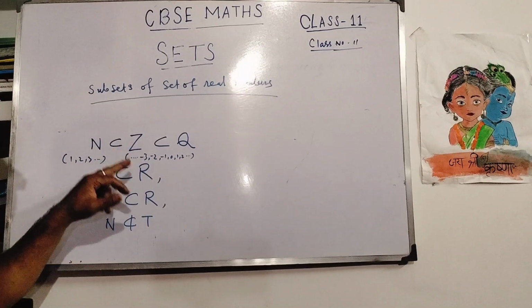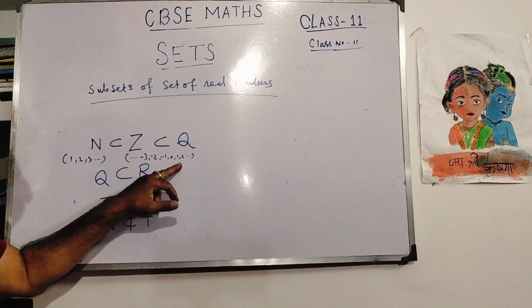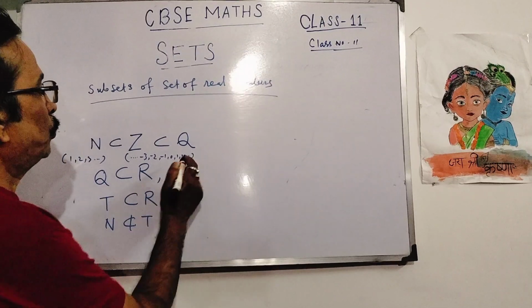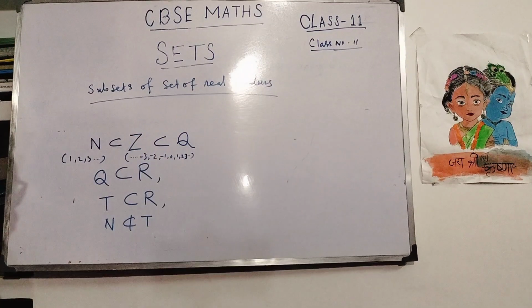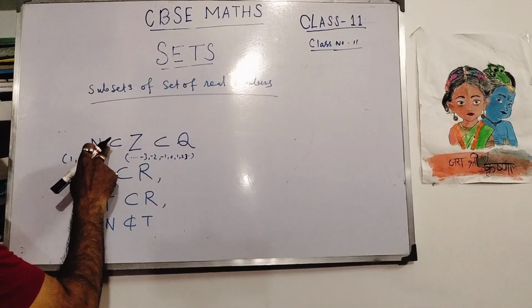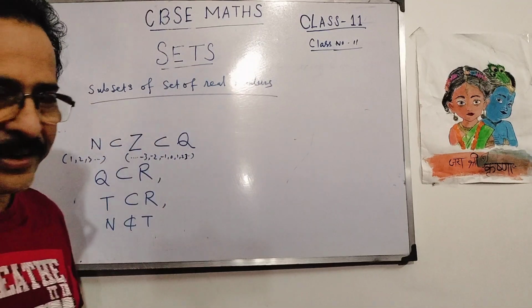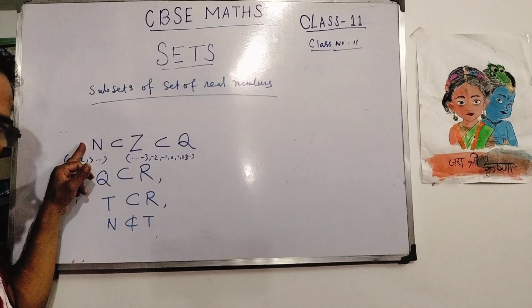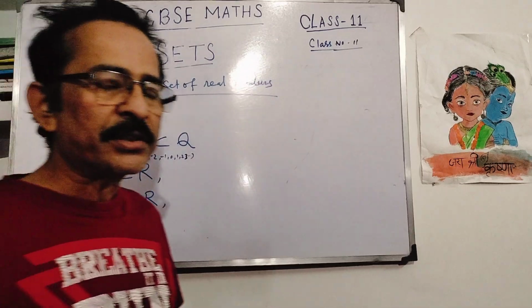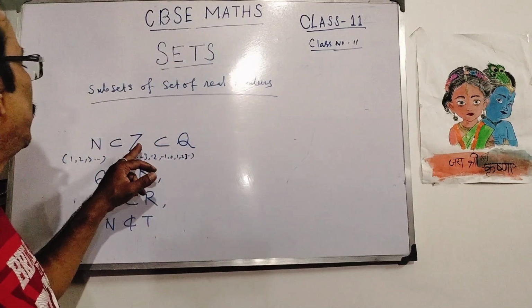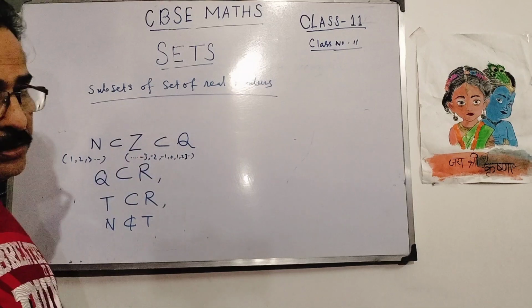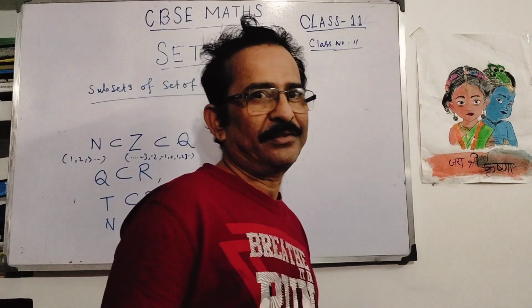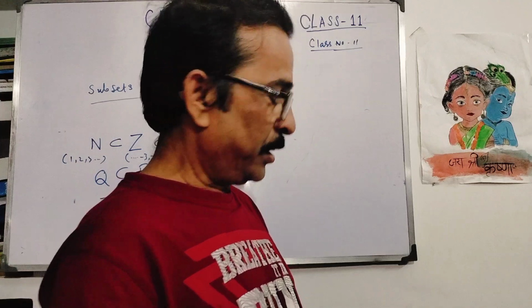Z has minus 2, minus 3 and also 1, 2, 3. So obviously N is a subset of Z. That means the set of natural numbers is a subset of integers. Understand?